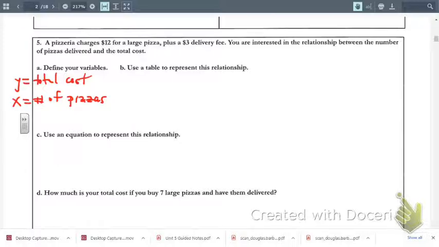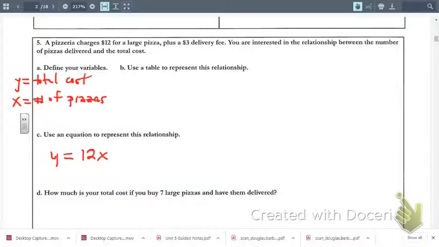Okay, so y is the total cost. X is the number of pizzas. Okay, I'm going to come down to C before we do B. It says use an equation to represent this relationship. All right, so y, our total cost, is going to equal 12 times x. So it's $12 per pizza. So 12x.